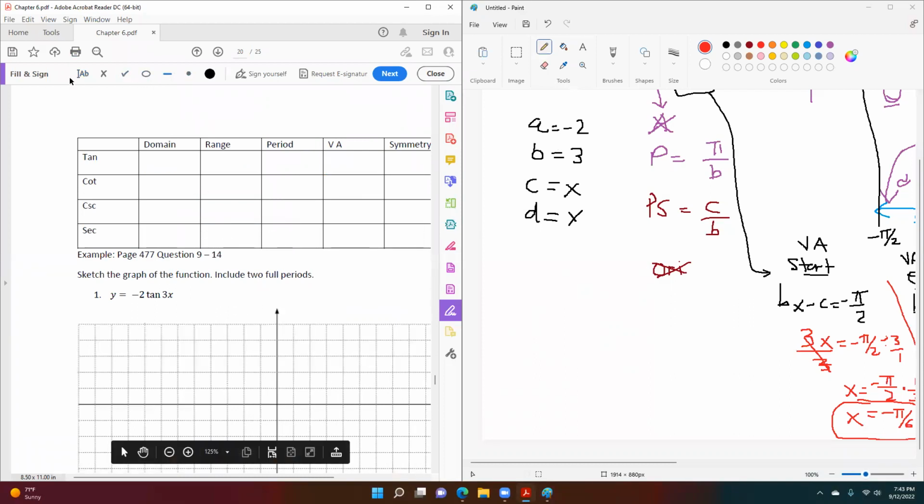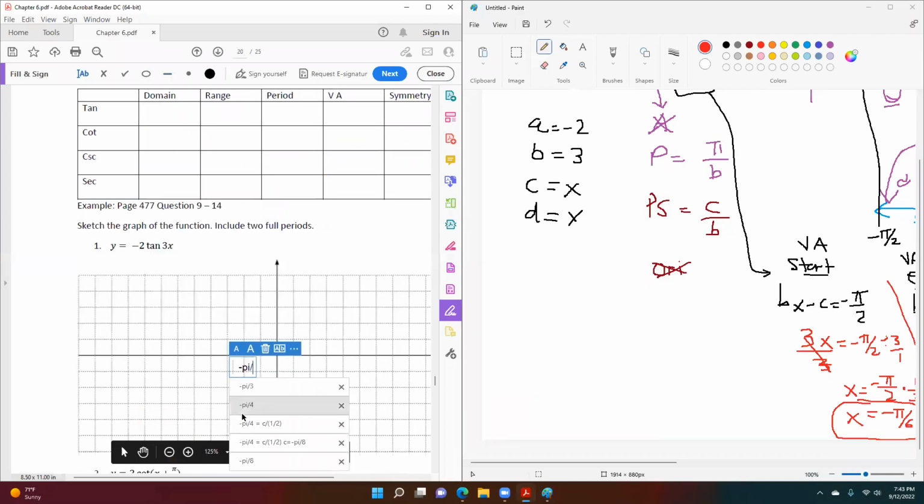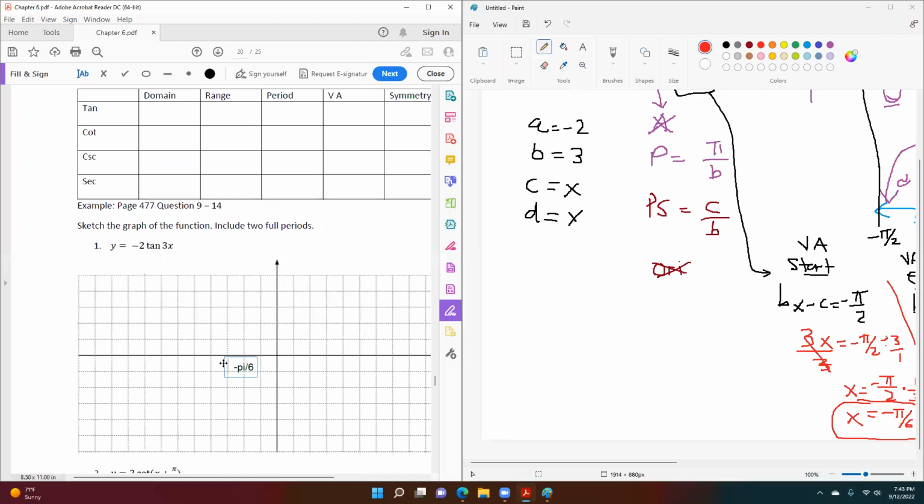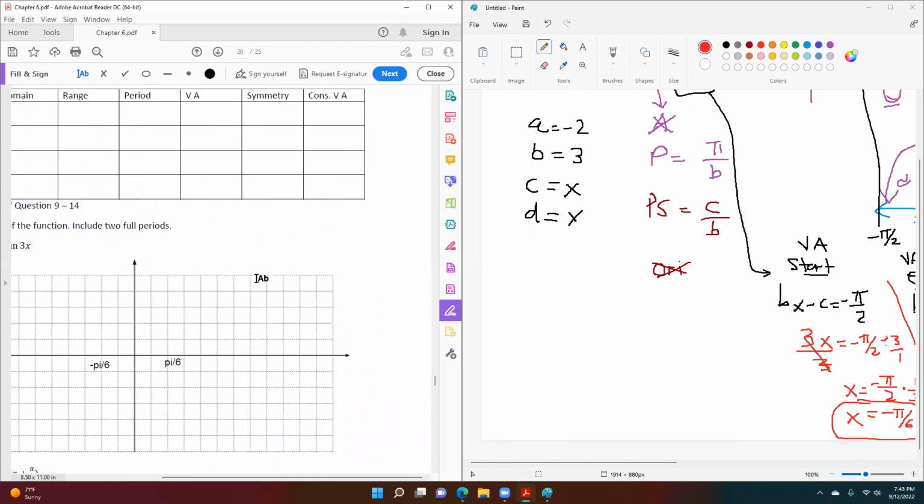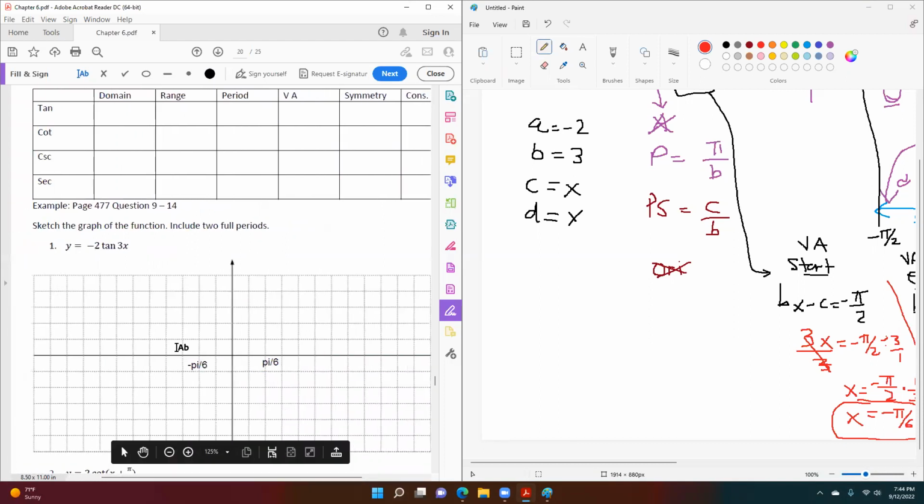I'm going to put 2 little marks here. So this will become negative pi over 6, and this is pi over 6. Every 2, then I will tell you why I picked 2 here. So this line is your vertical asymptote.